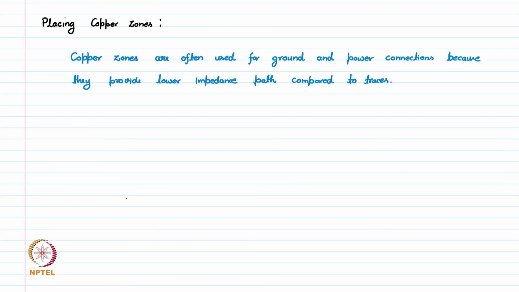What does it mean? For example, we have a battery and we want to supply the power to a resistance. Now one option is we provide this connection through this trace which has a width of, let's say, 1 mm, and this is, let's say, 50 mm long.